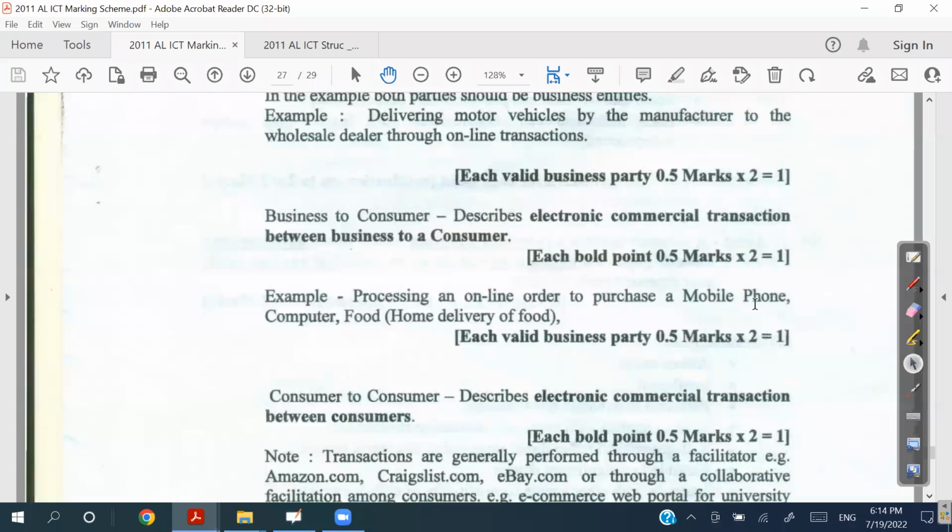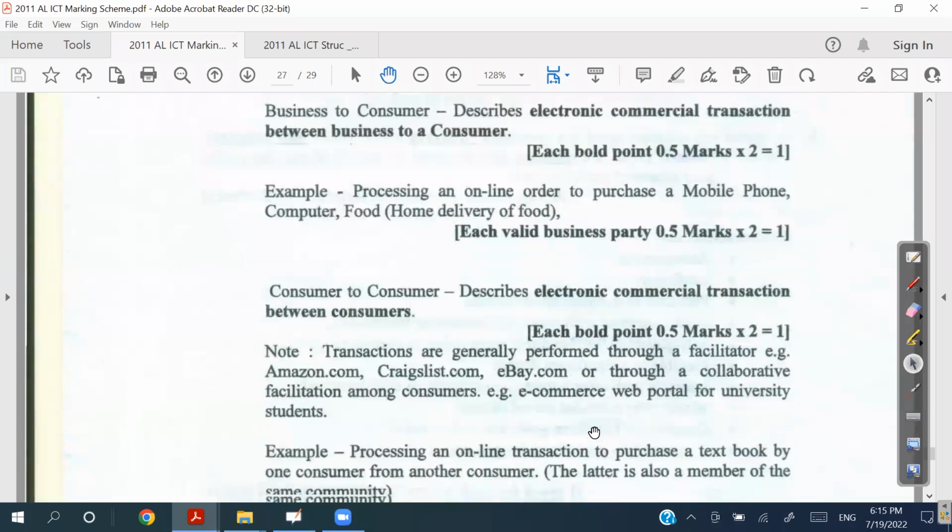The mobile phone shop is a business entity. The person is a consumer. So processing an online order indicates that the business happens electronically. Right? So likewise you should give the particular example.